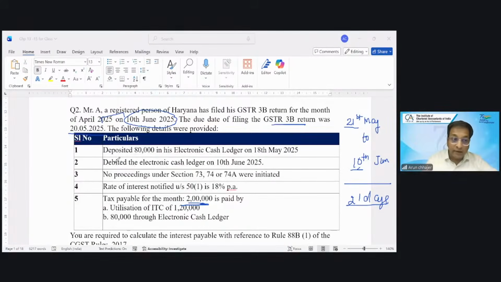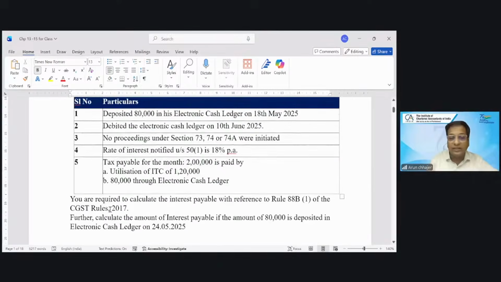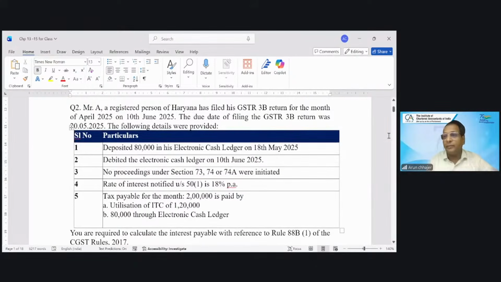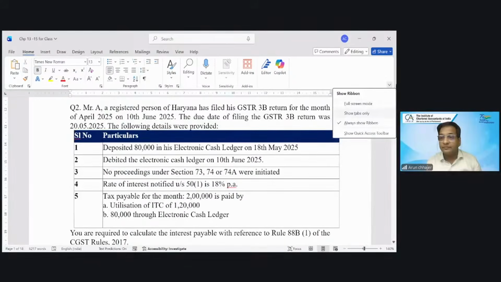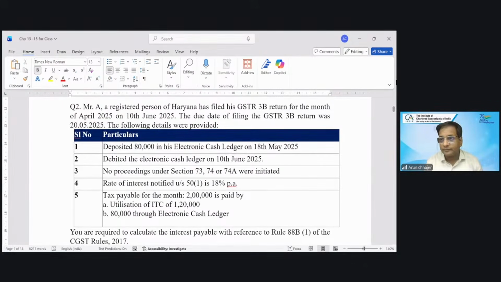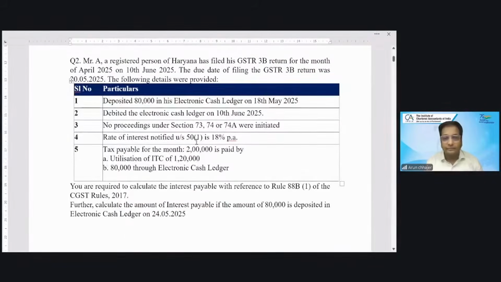Now, on which amount would the interest be calculated? Will it be on 2 lakh?